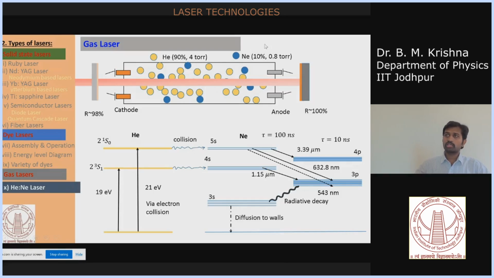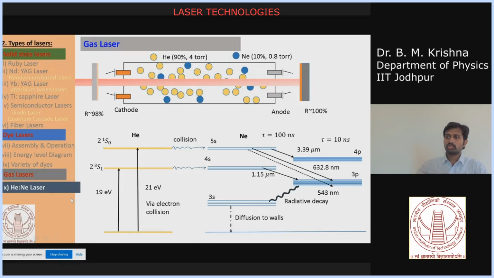That is why your neon should be a lower percentage; otherwise, the electron's energy will be wasted when you increase the neon atoms. When the electron is passing through, the probability that it will interact with helium is much higher, 90%. At lower energy, the electron interacting with the helium atom sees no energy levels up to 19 electron volts.